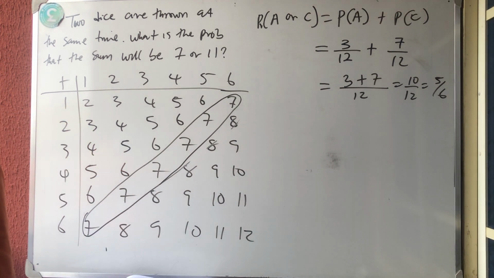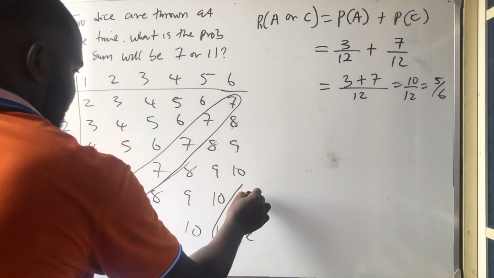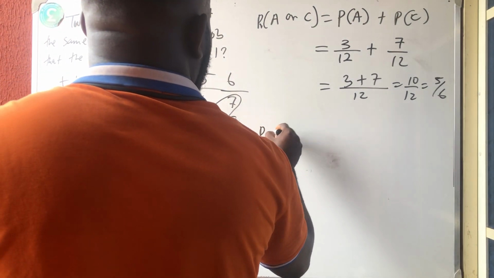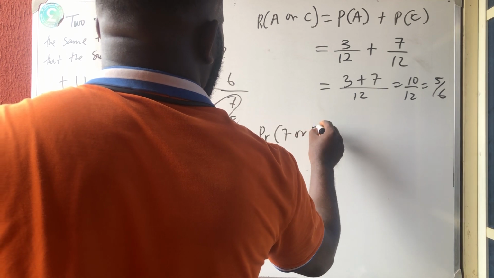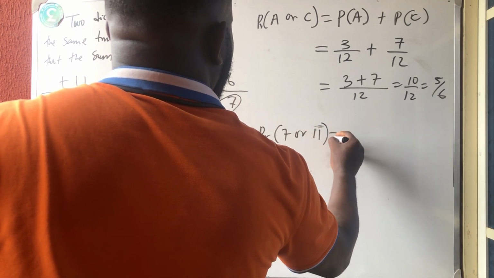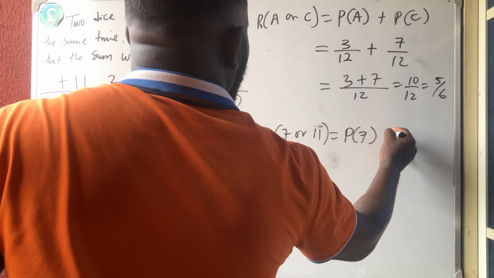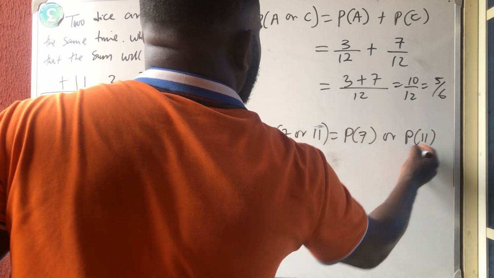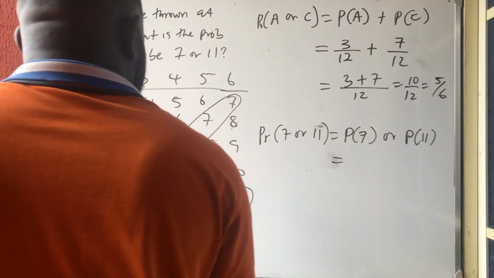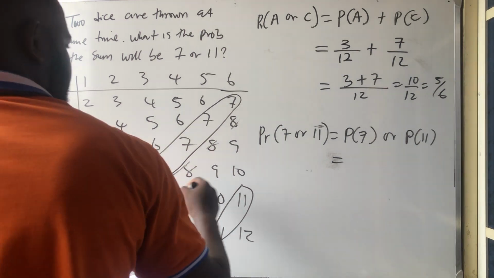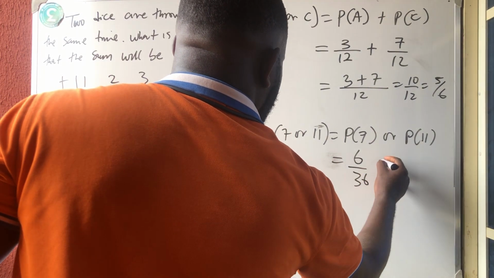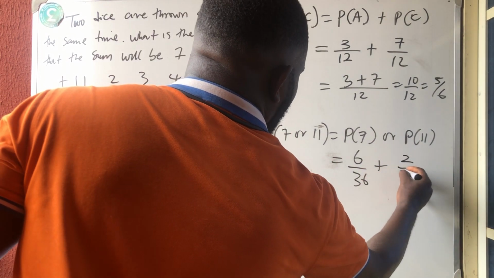Then probability of getting 11 is 11. So probability of 7 or 11 is simply probability of 7 plus probability of 11. Probability of 7 is 6 over 36 plus 2 over 36.